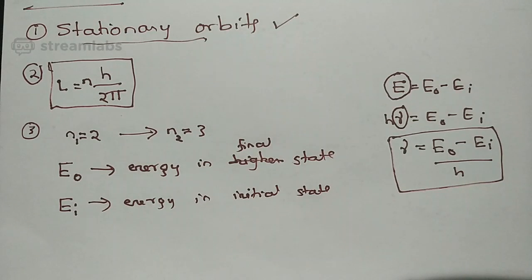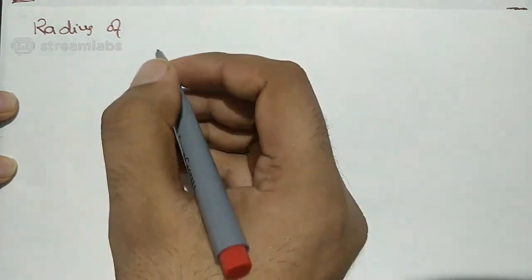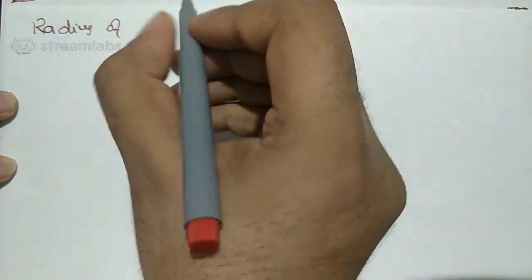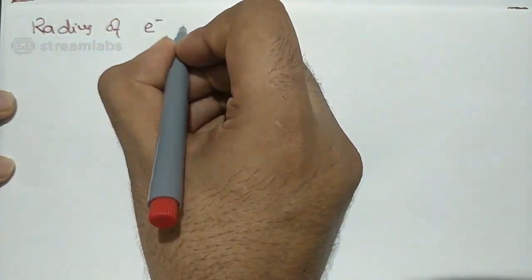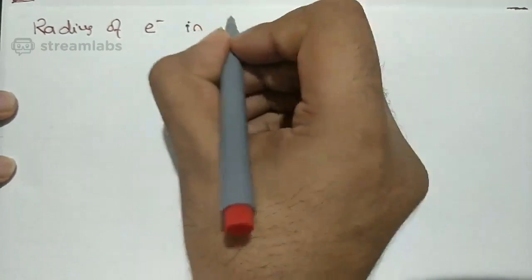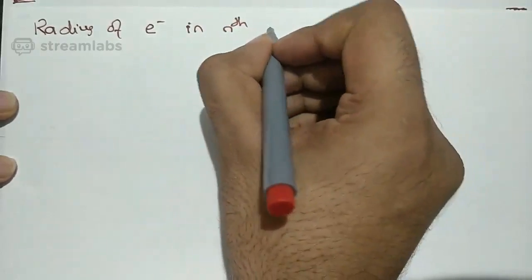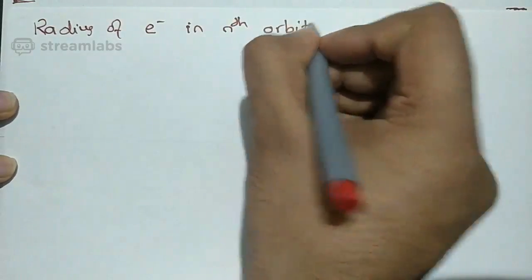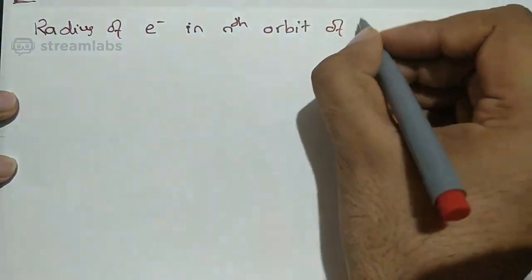Further, based on Bohr's postulates, now we are going to derive the relation for the radius of the electron in the nth orbit of the simplest hydrogen atom.